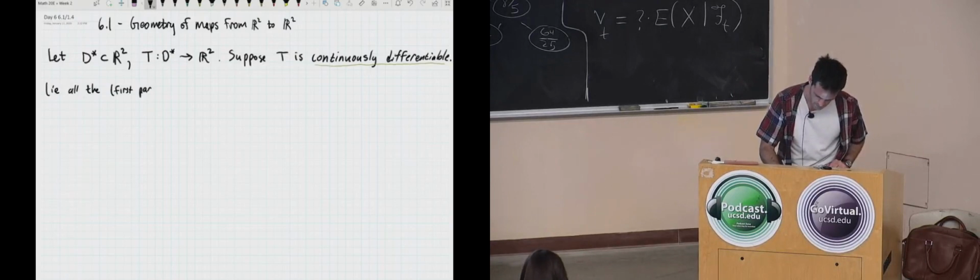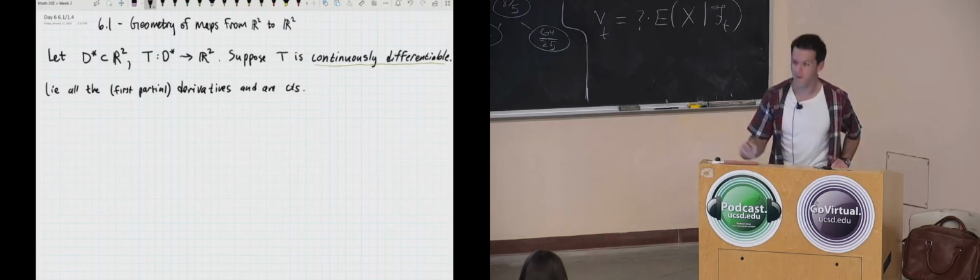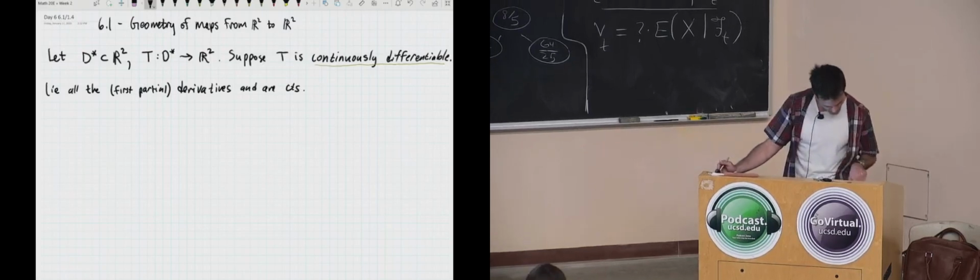All the first partial derivatives exist and are continuous. For more on that, I refer you to section 2.3 of the textbook.